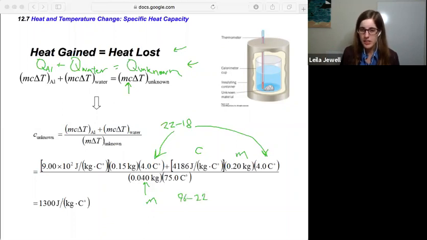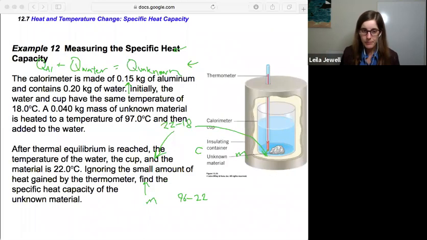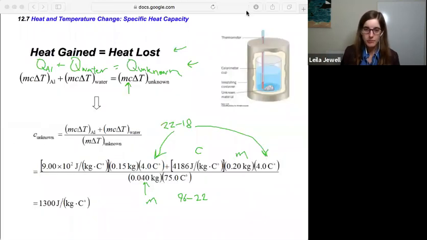Or was it 97? 97, sorry about that. 97 minus 22. And so that's what gives us this 75 Celsius degrees for the change in temperature of the unknown rock.